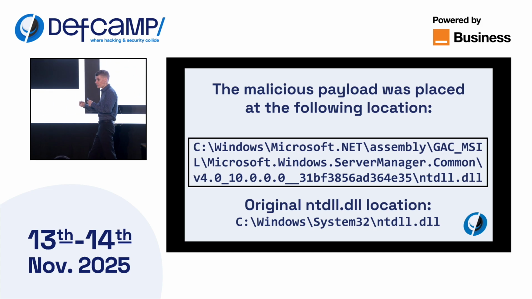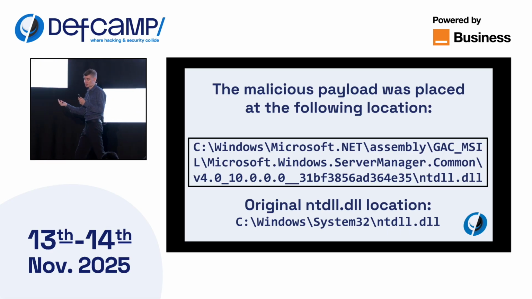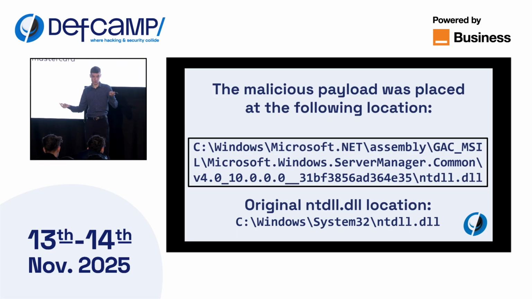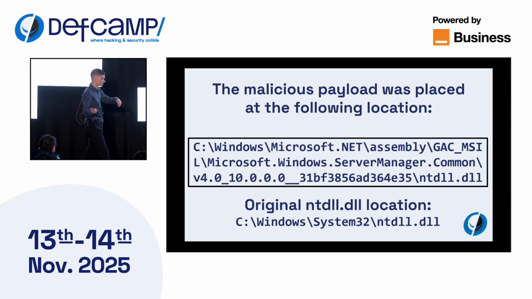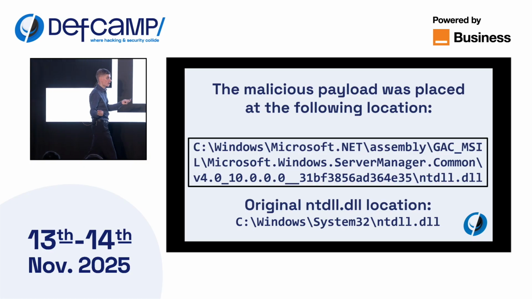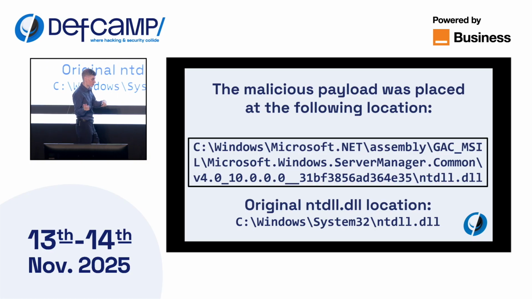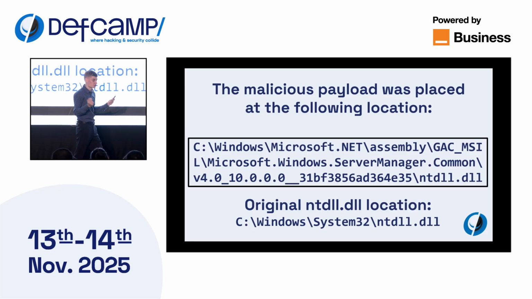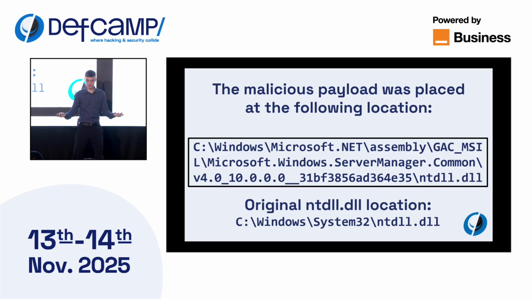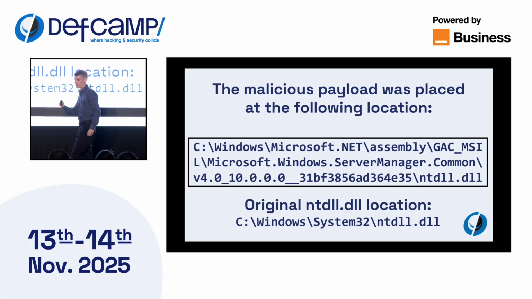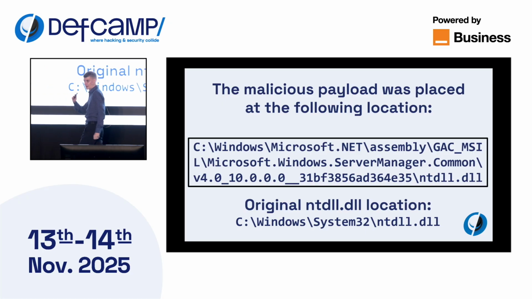Every time the server starts, this Server Manager tool automatically starts up. When it starts up, it loads this DLL, and as such, the malicious code gets started in the context of the Server Manager process.